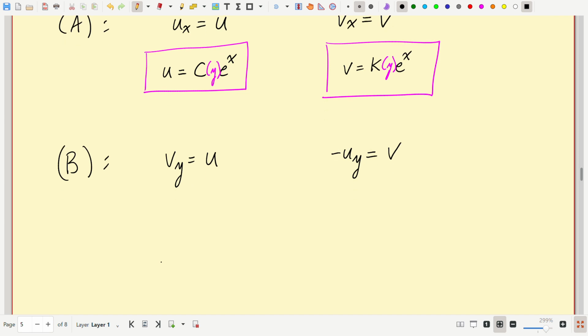Now I'm going to use them in a different way. I'm going to take those boxes. Let's see, dv dy, I'm going to stick down here, and get that dv dy is k prime of y times e to the x.